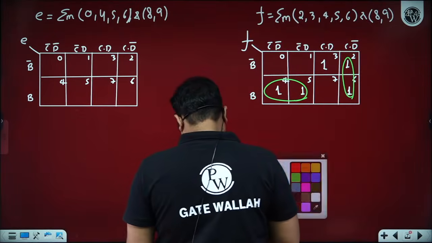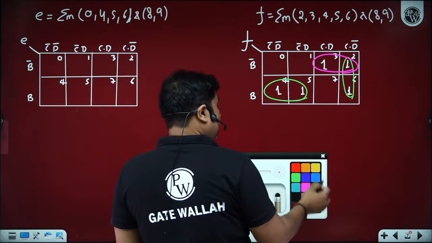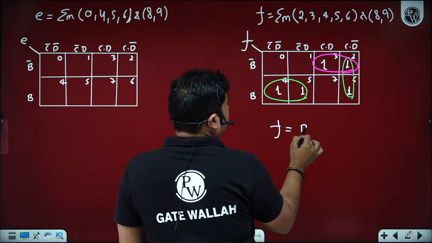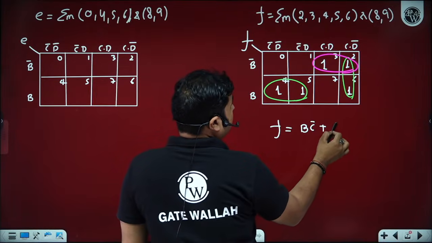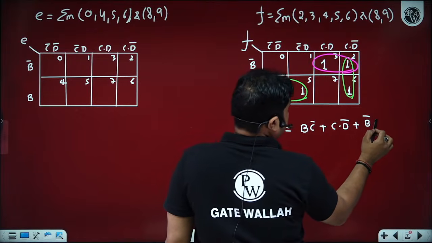There are multiple solutions possible. If we opt for this, then F will become B C bar plus C D bar plus B bar C.